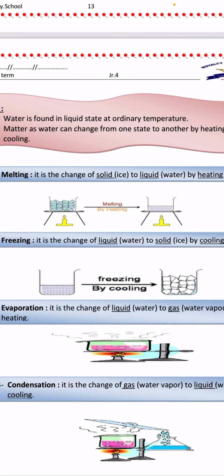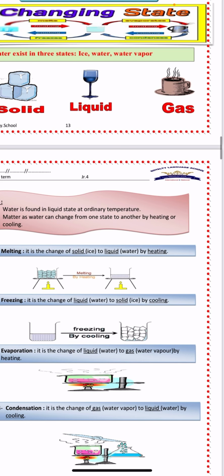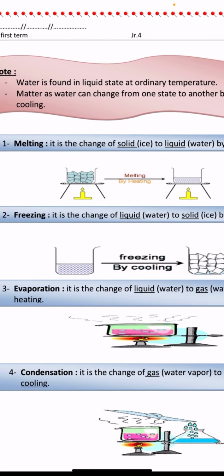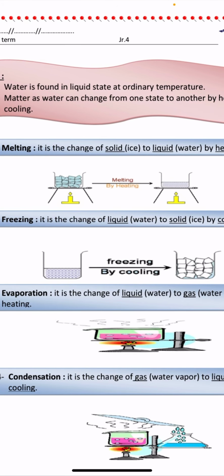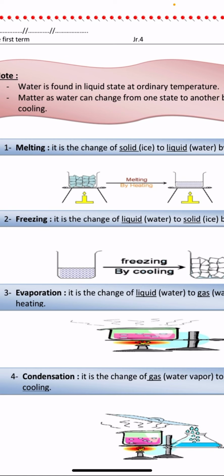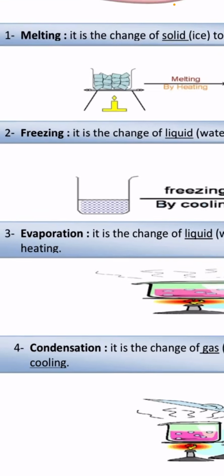Freezing is the change of liquid to solid by cooling. Evaporation is the change of liquid to gas by heating. Condensation is the opposite process of evaporation. Condensation is the change of gas to liquid by cooling.